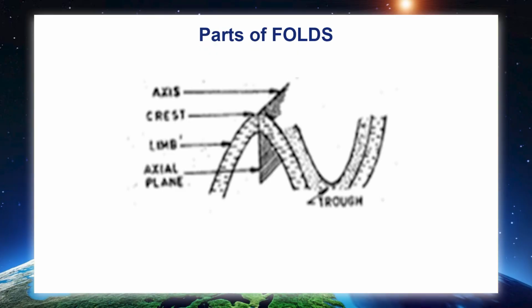What is the axis of a fold? It is a plane going centrally through the vertex of the fold, the top vertex or bottom vertex. It is a vertical plane, or at least a plane that divides the two sides of the fold symmetrically.